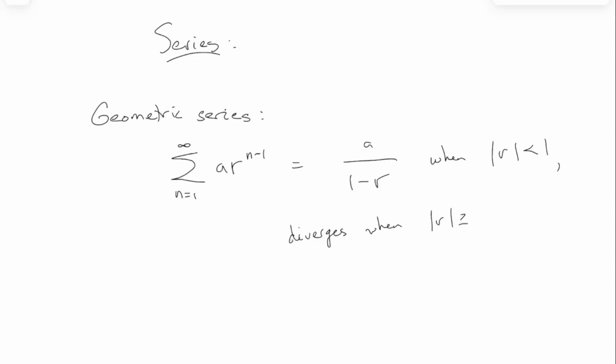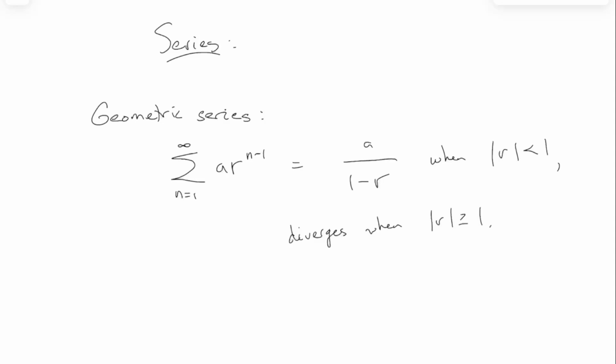Those look like this: the sum of a times r to the power n minus 1, n equals 1 to infinity. And this converges to a over 1 minus r when the absolute value of r is less than 1, and diverges when the absolute value of r is greater than or equal to 1.